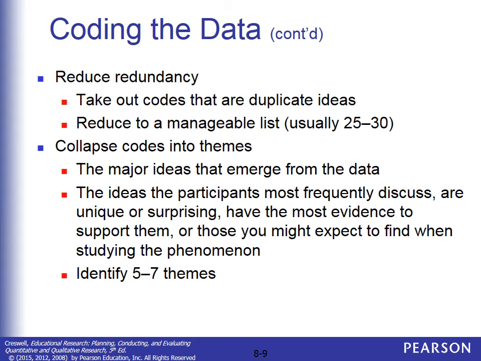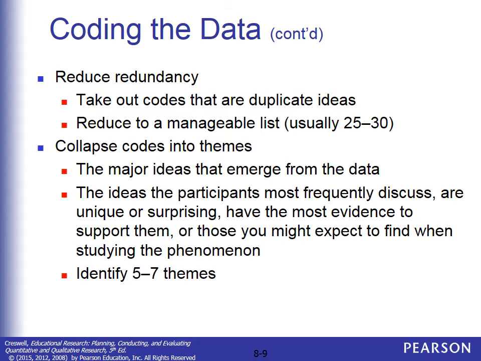So after you read through the data or you read it several times, then you might take your first approach at coding the data. After you code it, make sure you make a list of all your code words. Then what you do is you group similar codes and look for redundant codes.